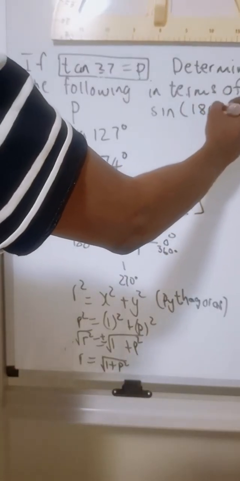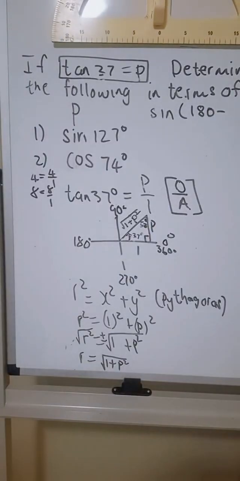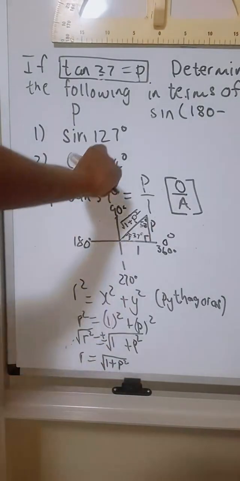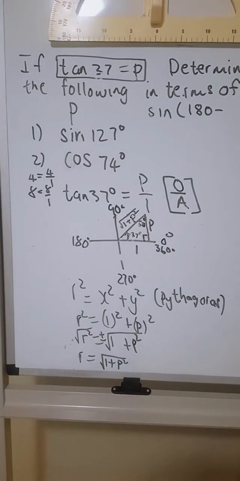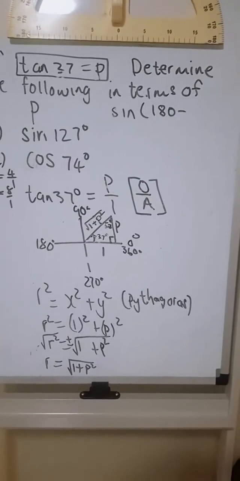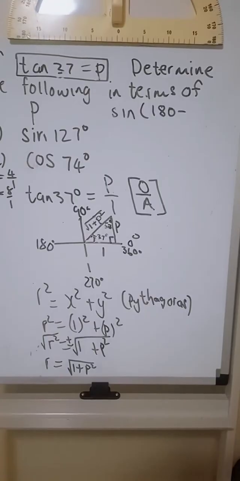You can say sine of 180 minus... 180 minus what gives you 127? I think Tolan, you need to answer here because you're the one that asked this question. Sine of 180 minus what? Because remember, we want to use our function values to reduce.